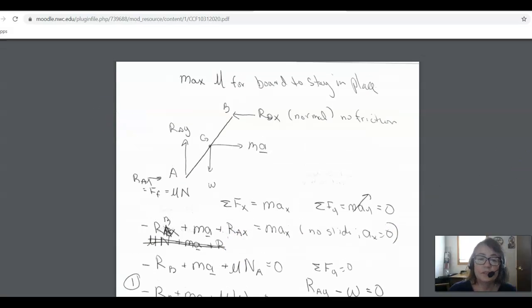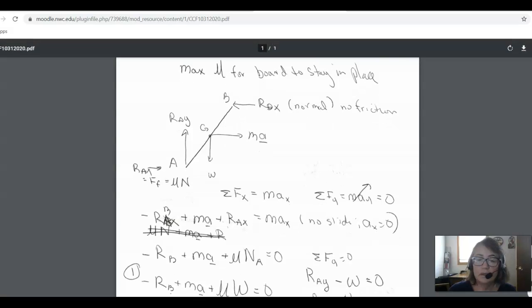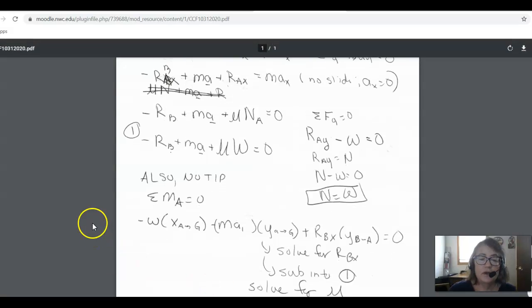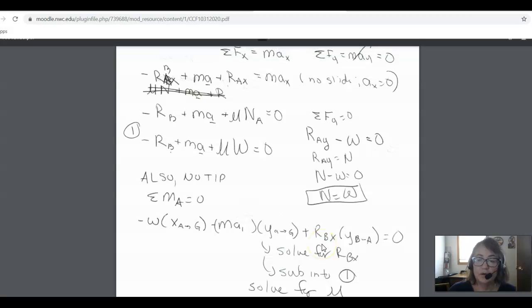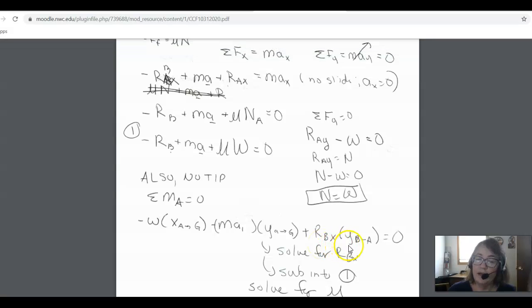So I set up my moment equations. I have my weight times, since weight is vertical, the x moment arm, minus MA, which is horizontal, so it's a y moment arm, plus RBx, which is horizontal, so we have a vertical moment arm, have to equal 0 for no tip to occur.